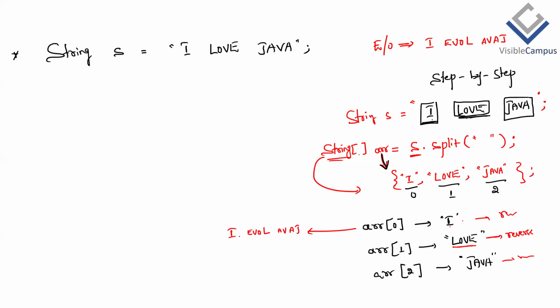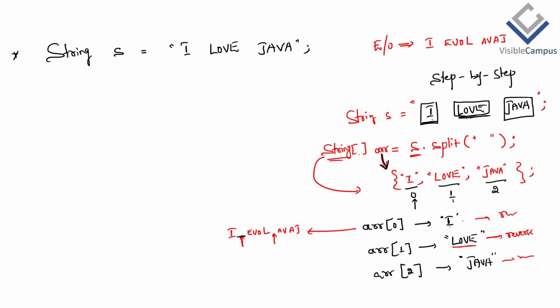Correct? But where do we get this space? When we make each reversed word part of a new sentence, we have to add a space. Yes or no? Every time we should add a space? No. Then after Java also we will get a space. But is that right in the reverse of this string? No. So once the array index is at 0, add one space after that.